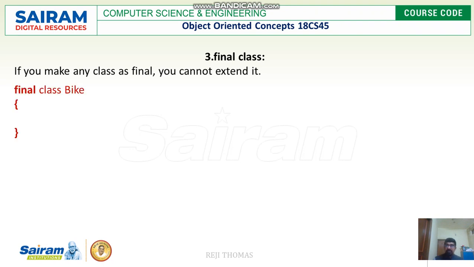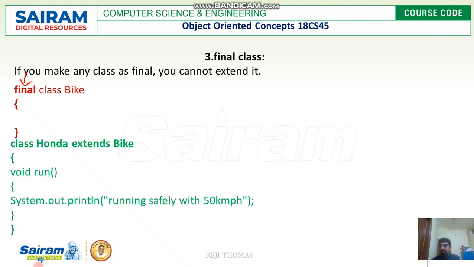So let us see an example where you can find the class bike, and look at the keyword which is final. That means we are not supposed to extend this class. No other class is supposed to inherit or make this class the superclass.